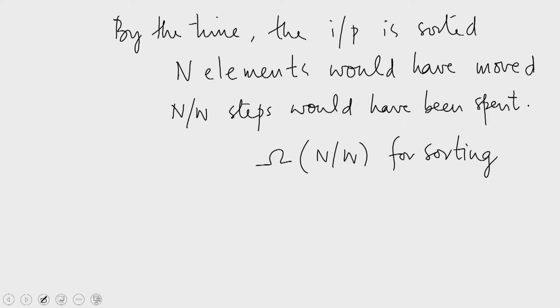So in particular, when you want to sort on a root n by root n mesh, as we have seen just now, the bisection width is theta of root n.